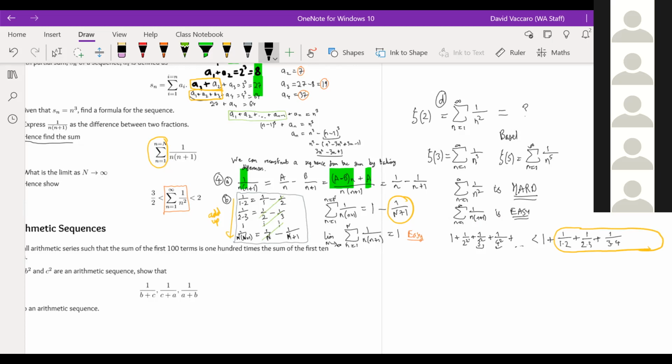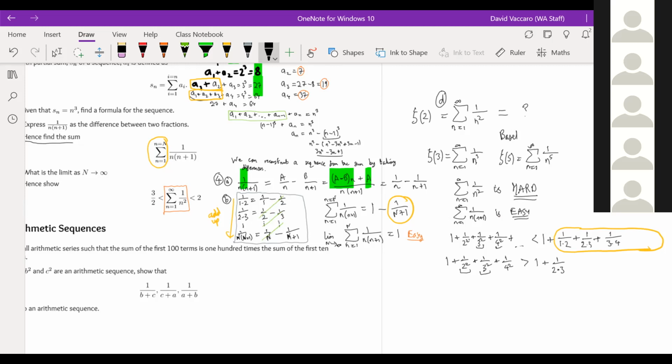Okay, now I need to go the other way, and I need to try and get something which is going to be smaller than my sum. So where I had 2 squared before, I could replace the 2 squared by a larger denominator, which would be 2 times 3.